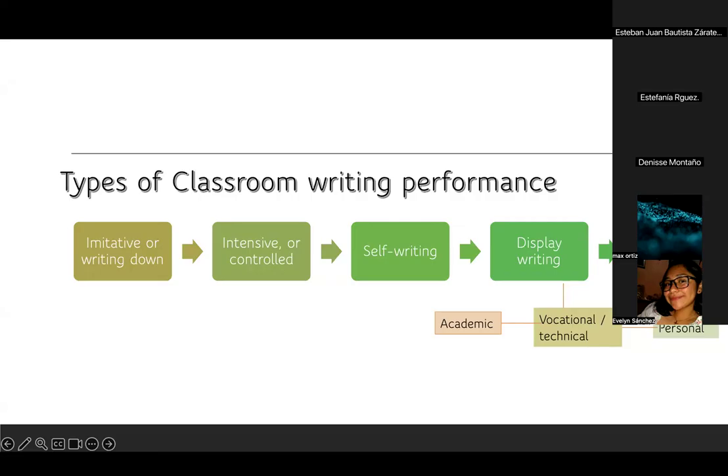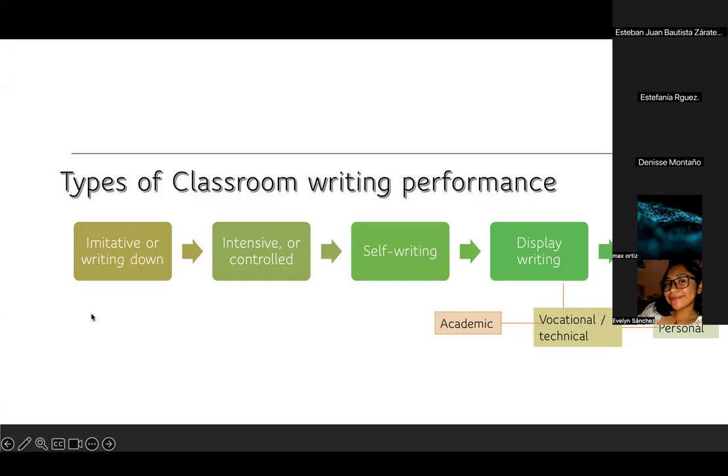When we talk about classroom writing performance, we need to be aware of how students are going to develop written tasks, how they are going to participate in the elaboration process, and how your students are going to personally identify their mistakes and how they try to solve them.